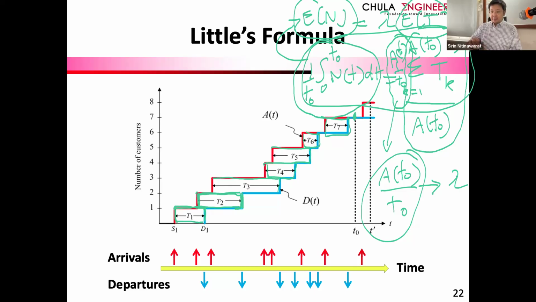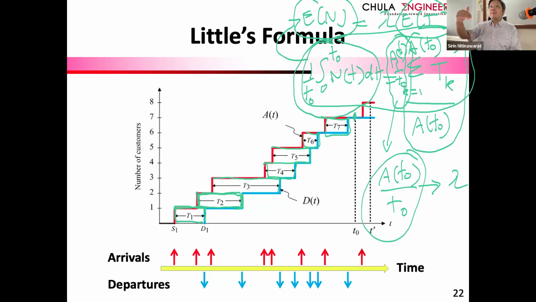The nutshell is that you can compute the area between the two curves in two ways. One is vertical, doing the integration of n of t. The other is splitting the area between the two curves into a sum of different blocks. Each block is of height 1 and width being the time subsequent customers spend in the system. As a consequence, each rectangle box has area Ti.